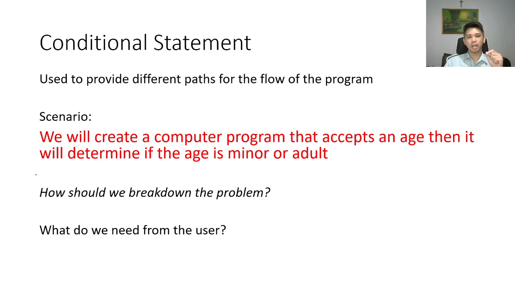Based on our scenario, what do we need from the user? We are asking the user for an age. So if we are going to ask for an age, definitely that is our input.